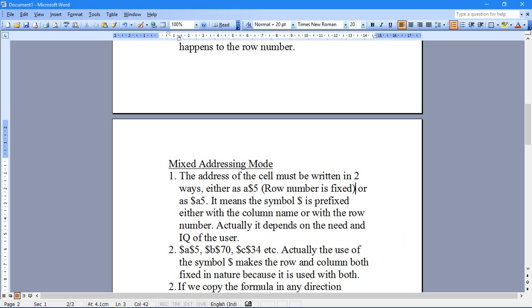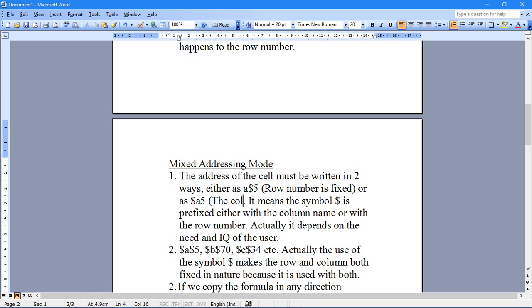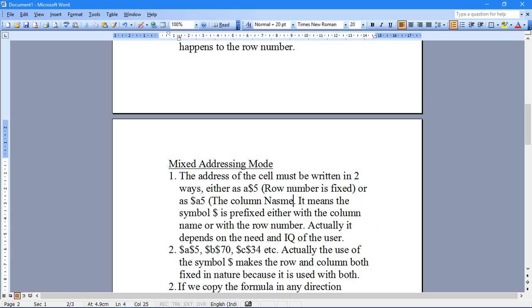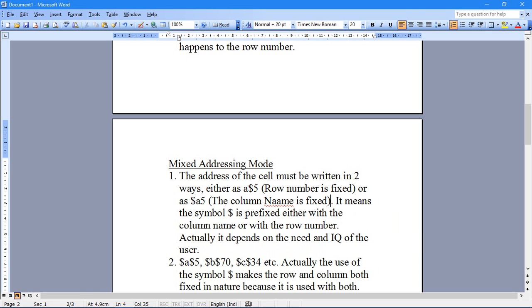But if we write the address as $A5, it means the column name is fixed. This is the beauty of the mixed addressing mode.